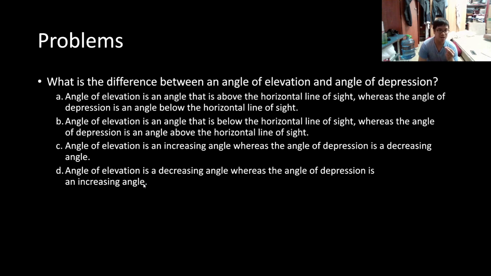C, angle of elevation is an increasing angle, whereas the angle of depression is a decreasing angle. And lastly, angle of elevation is a decreasing angle, whereas the angle of depression is an increasing angle. The answer here is letter A.